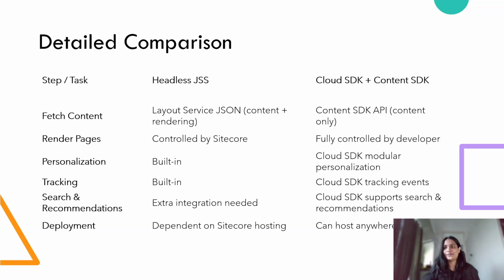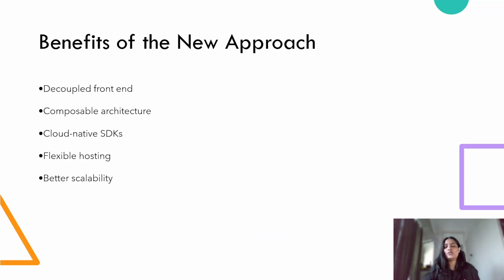Now, as we already discussed, let's talk about the benefits and revise all the things that we have discussed. First one, decoupled front end. As we now know, you can control your rendering and routing with the new approach. Second one is composable architecture.